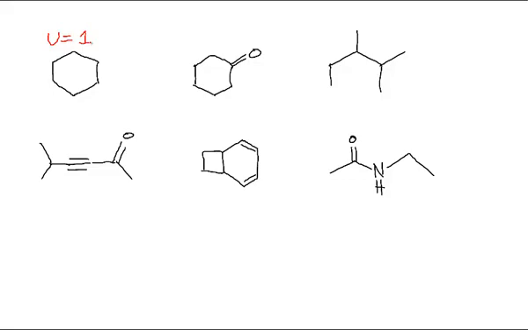Second one, 2, it has one ring plus one pi bond. This third molecule, 0. That's a completely saturated molecule.